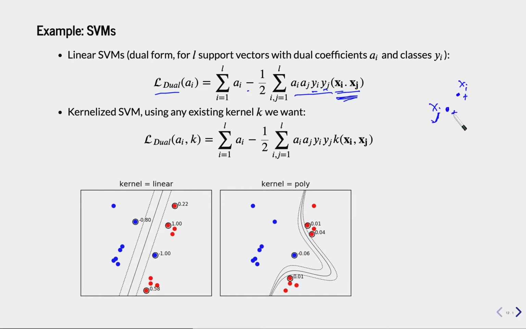If, however, this is not positive but negative, then that's bad, because we don't want points close together to have a different class. It means that there's a decision boundary running between 2 points which are close together. In that case, again, because they're close together, this will be high, but these will be opposite. One of these will be negative, one will be positive, which means this component will be positive, and we add to the loss function.